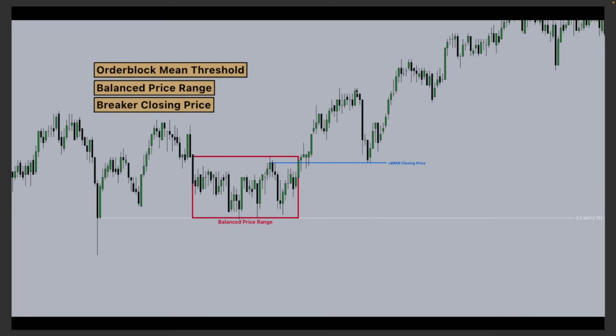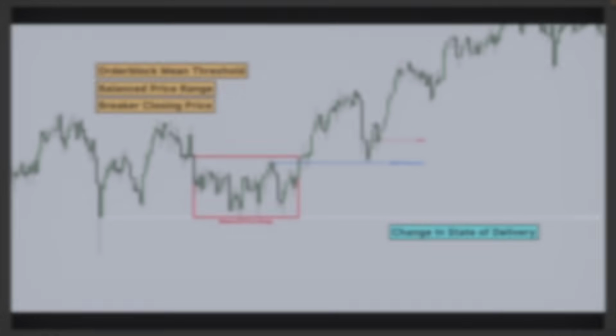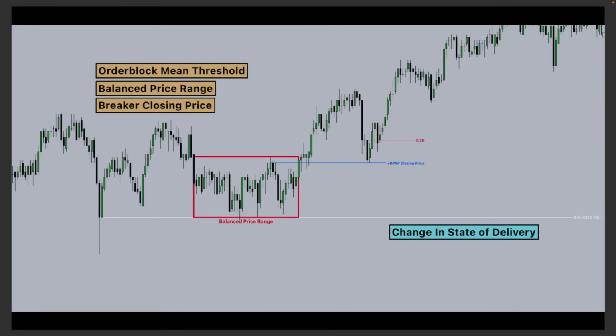Okay, so if we see this sell, instead of just longing at this fair value gap, we want to see, are we going to respect this breaker and the top portion of this balanced price range? Now, how do we continue to internalize this order flow?